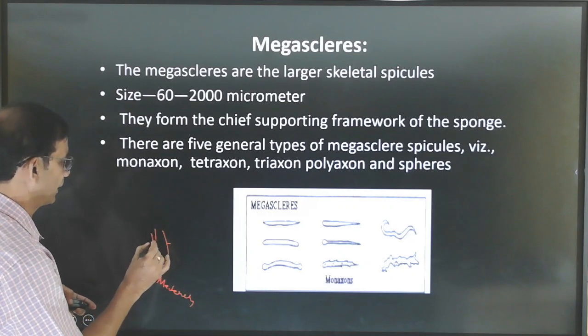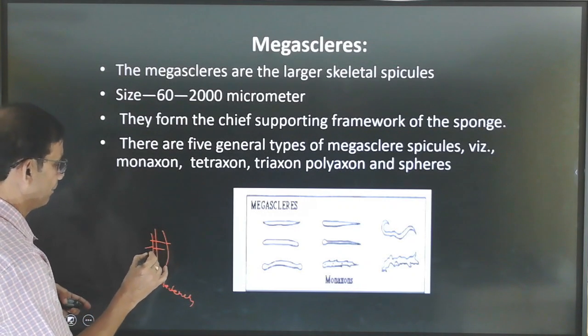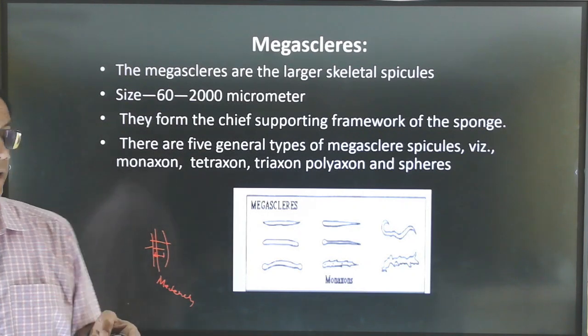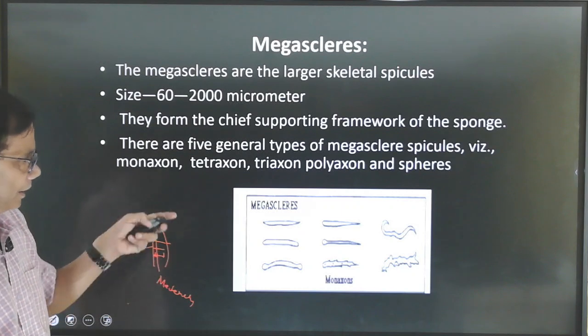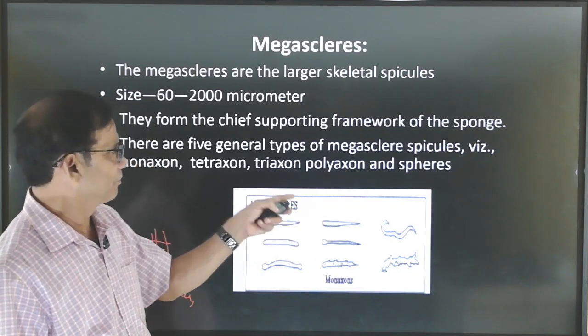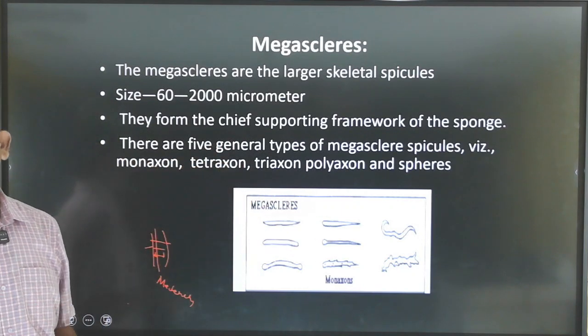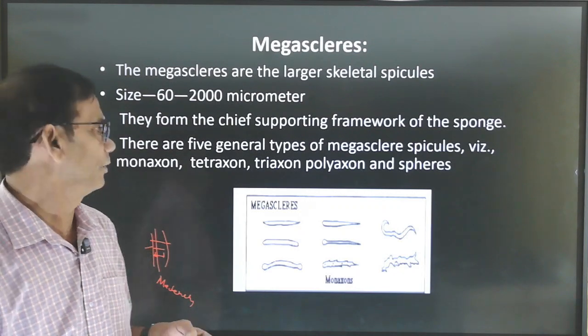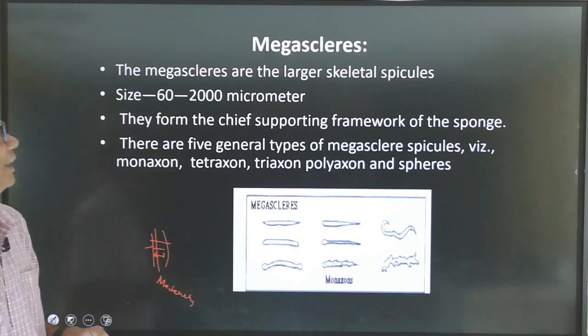So spicules are present there, which help in the formation of the skeletal structure of the body. There are 5 types of megascleras: monaxon, triaxon, tetraxon, polyaxon, and spheres.